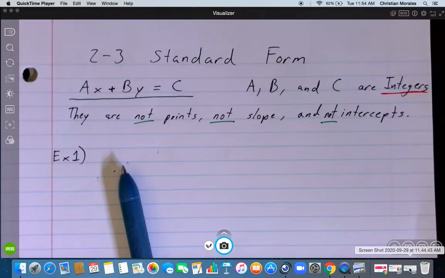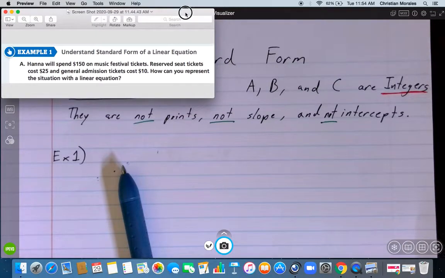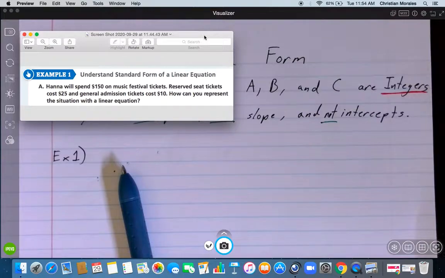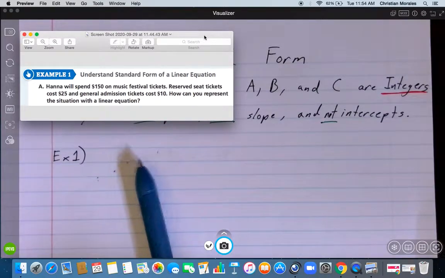So we're actually going to start with a word problem for this. Hannah will spend $150 on a music festival. Reserved seats cost $25 and general admission tickets cost $10. How can you represent the situation with a linear equation? So she's going to spend 150 bucks.